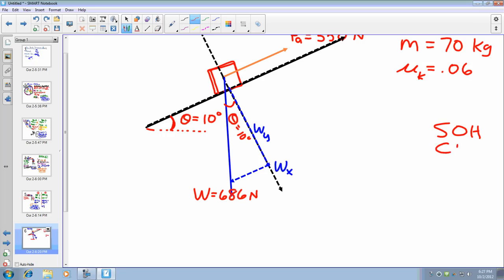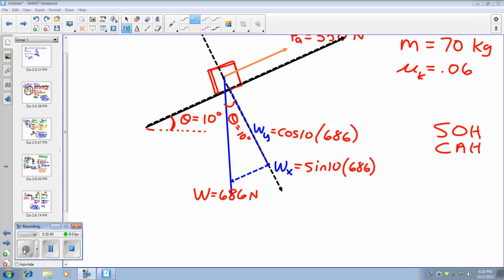Really you can get away with just writing SOH and KA. And what we're going to find is that the x component is going to be the sine of our angle, which is 10 degrees, multiplied by 686. And our y component is going to be the cosine of 10 multiplied by 686. Well, let's calculate that out.